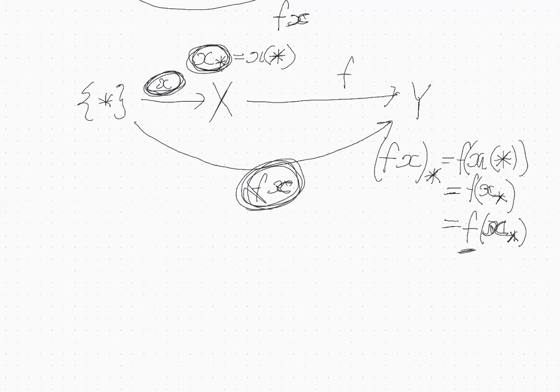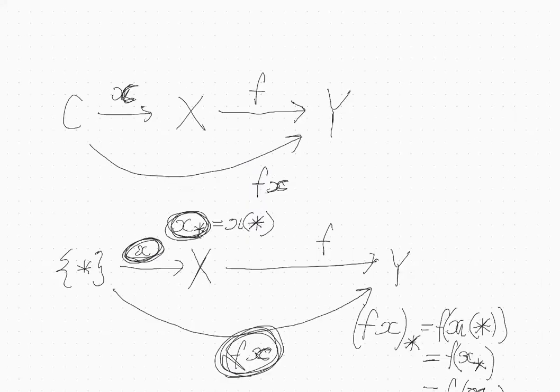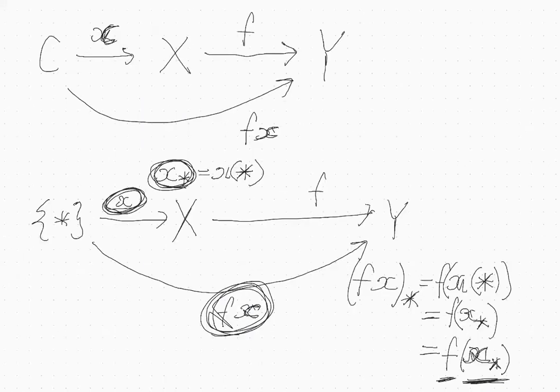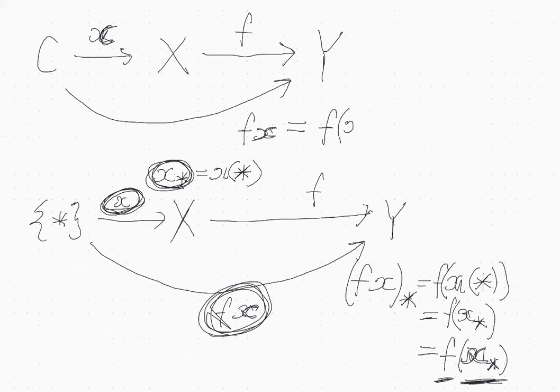So basically what I'm trying to say is that intuitively, going back to the previous picture, we can think of fx as what we previously would have written as f applied to x. Does that make sense? Yes. So composition of functions now becomes also a way of evaluating a function at an element.